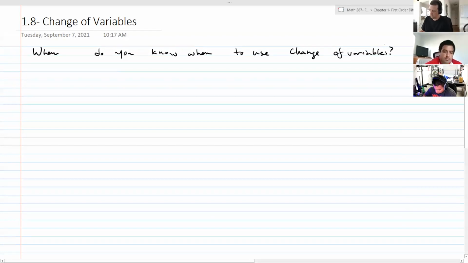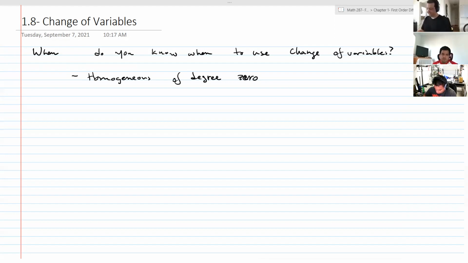There's a phrase that we use, and it's called being homogeneous of degree 0. I'm going to simplify that for practical purposes. At what point in time do I know that I can actually use something that is homogeneous of degree 0? So let's look at something like this, and we're going to find the particular solution.